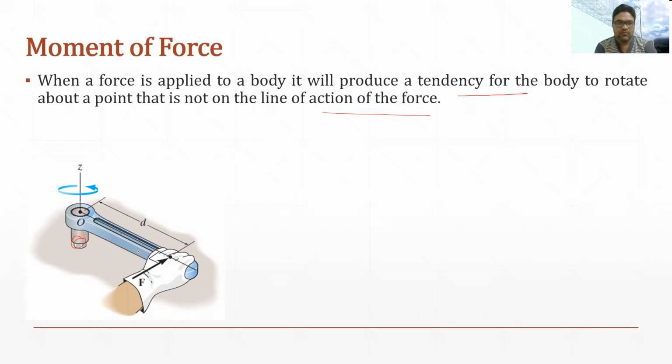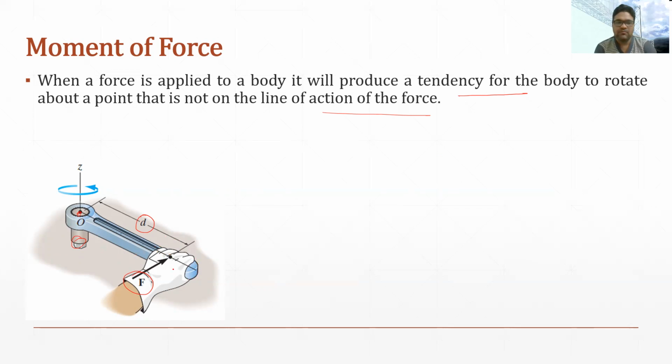We are applying the force on this spanner at a distance from the point O about which the spanner will rotate. So we are applying force F at distance d from the point O. You can see this spanner will rotate about point O. So this is the general representation of the moment.